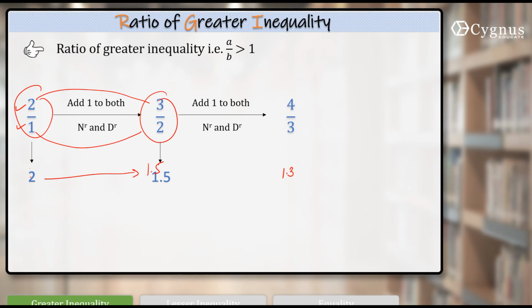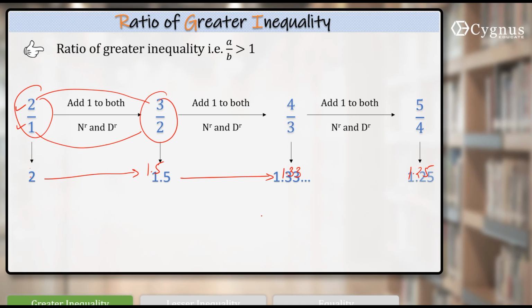It will keep on decreasing. This 1.5 will become 1.33. Again, when you add 1, 1, you get 5 by 4, which is equal to 1.25. So I know that if I add the same quantity to both numerator and denominator of a greater inequality, the ratio will decrease. What if we subtract here?